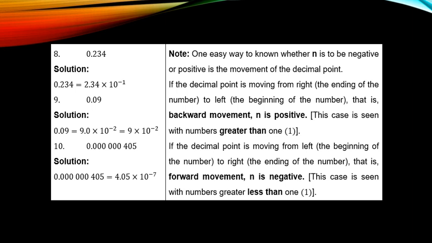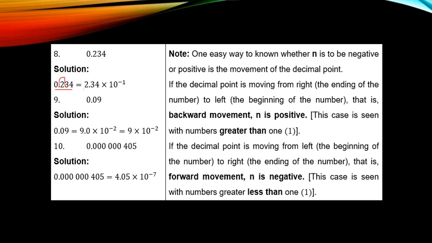Okay, example 8, express 0.234 in standard form. So in this case now, the number is less than 1 and must be between 1 and 9. You simply move the point from where it is to between 2 and 3.